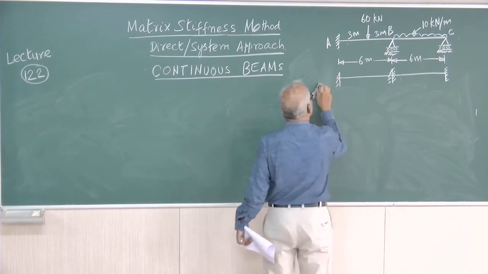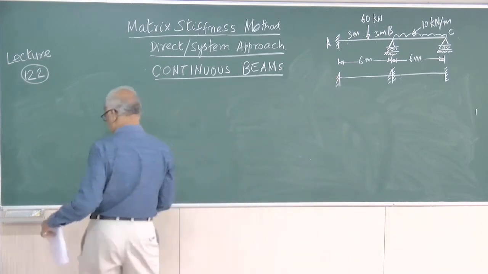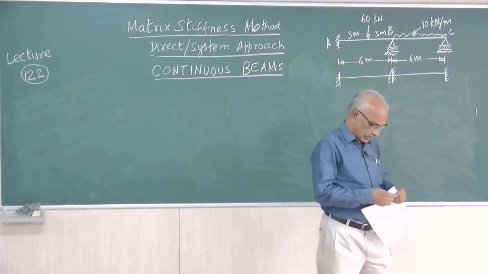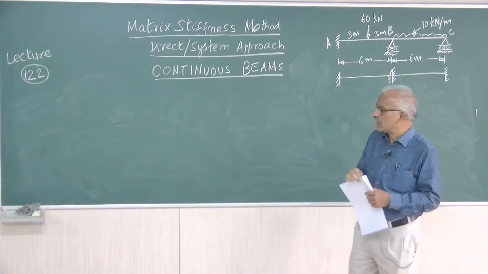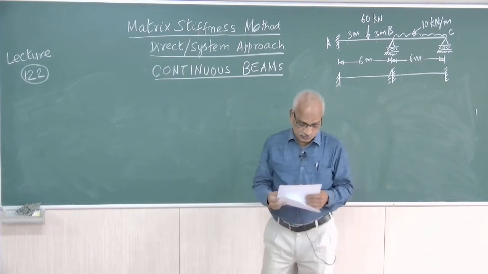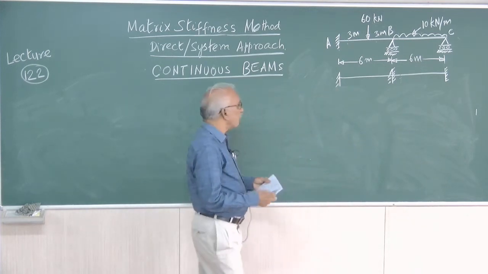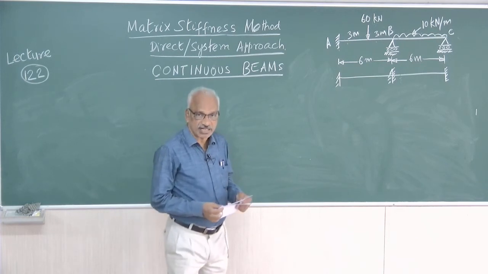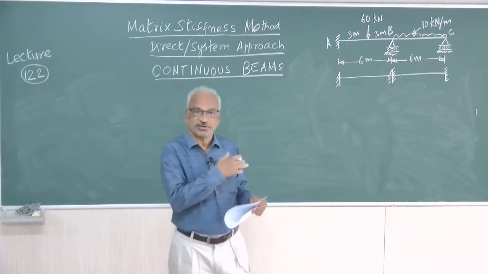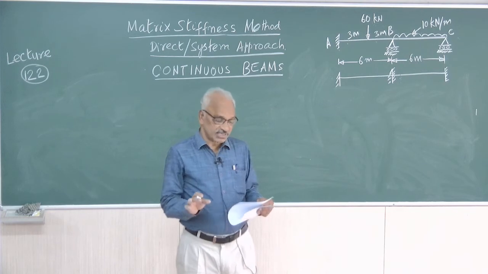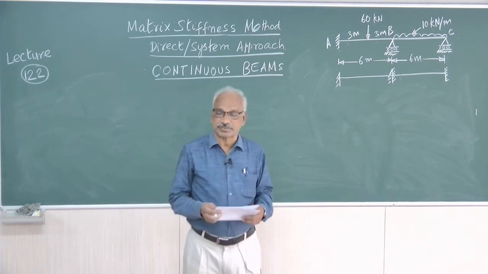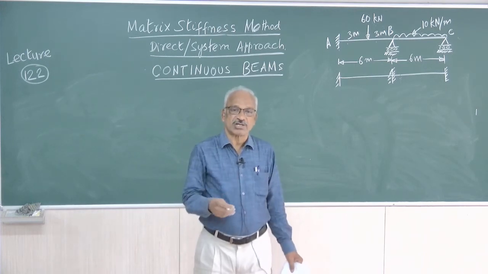Right. Now, this is our lecture number 122. The problem is: analyze the continuous beam shown in the figure using the direct stiffness method. As we have discussed, there are two approaches.